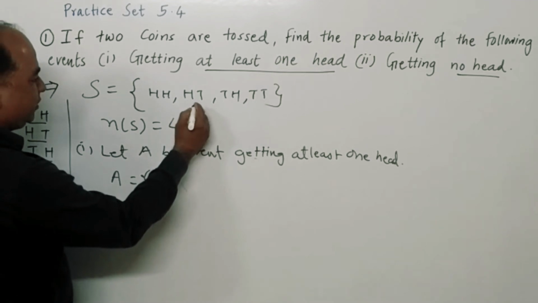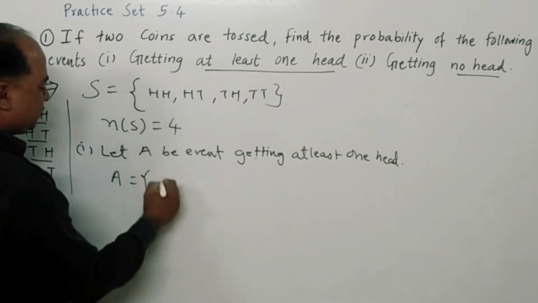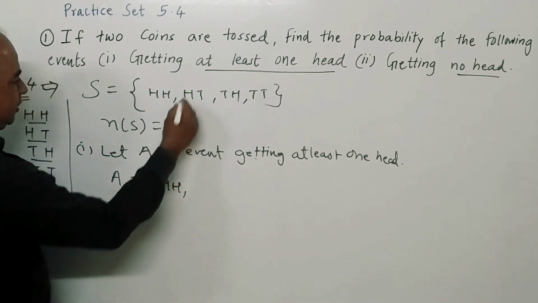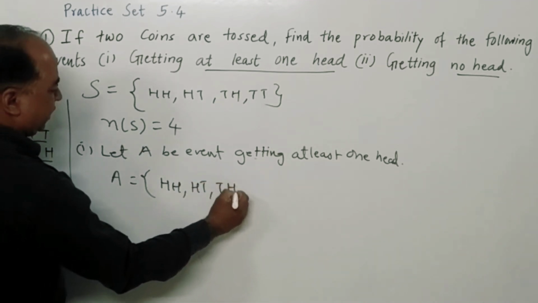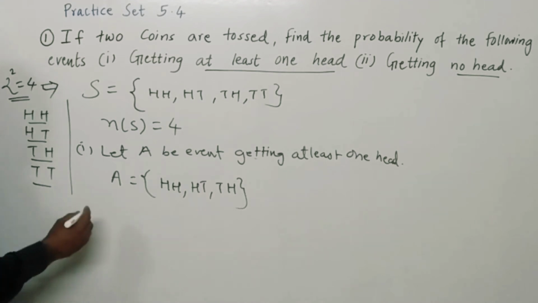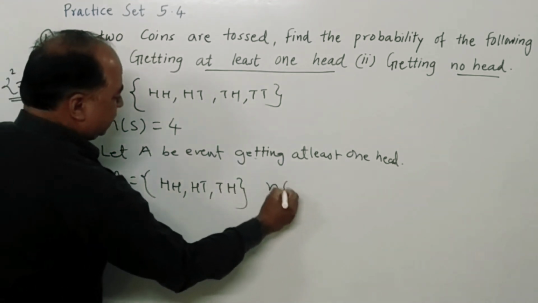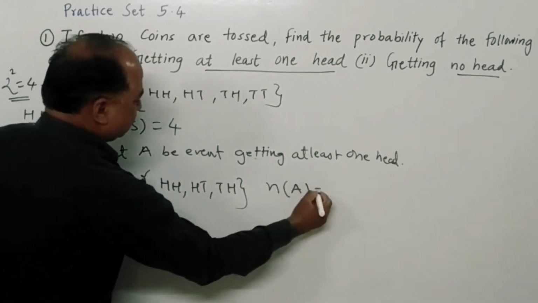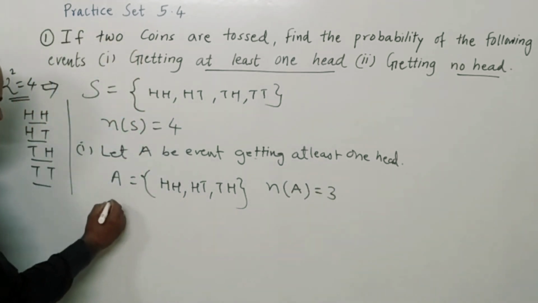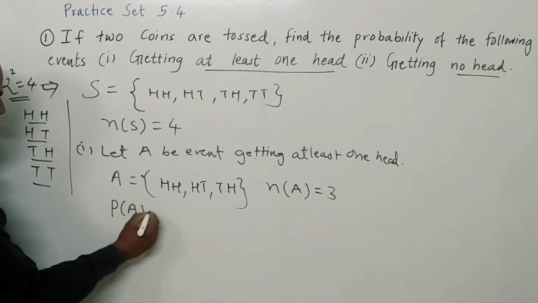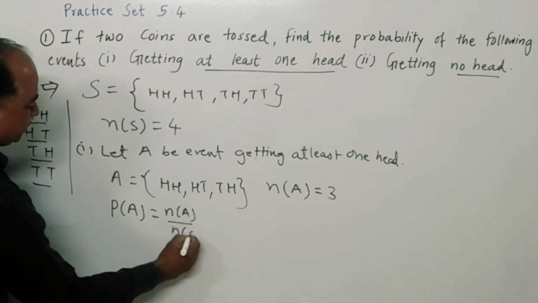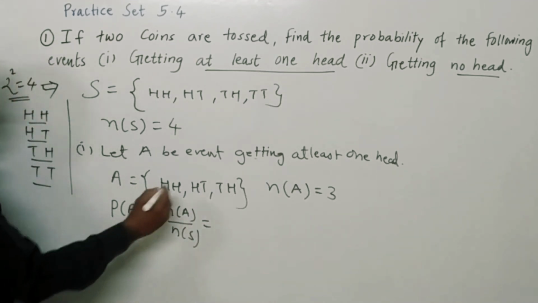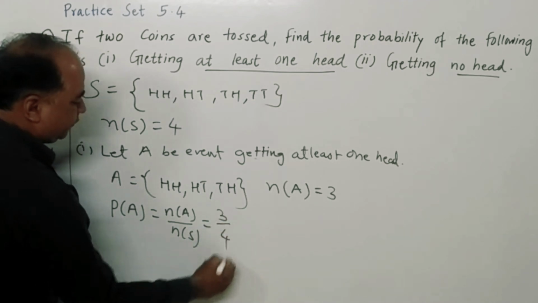At least one head means two heads will also do, so A is HH, HT and TH. The number of sample points in event A, n(A), is equal to 3. So the probability of A is n(A) upon n(S), which is equal to 3 upon 4.